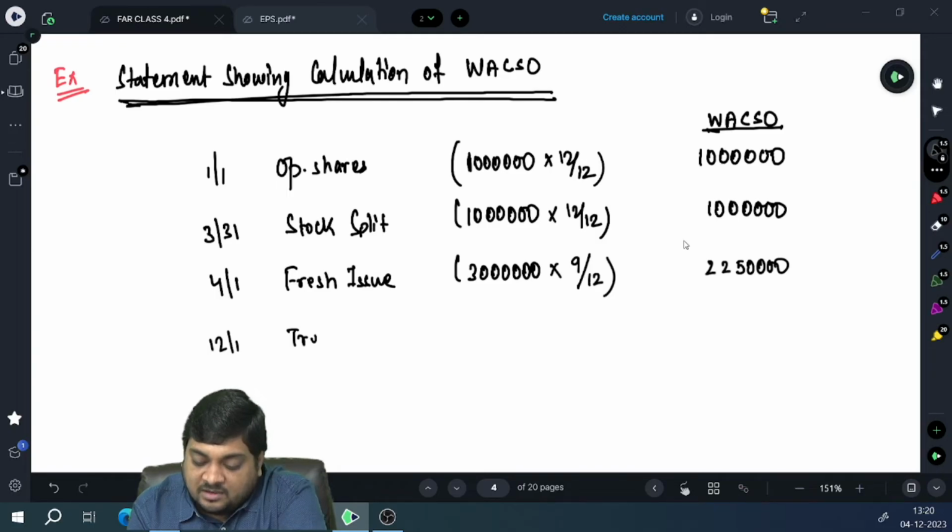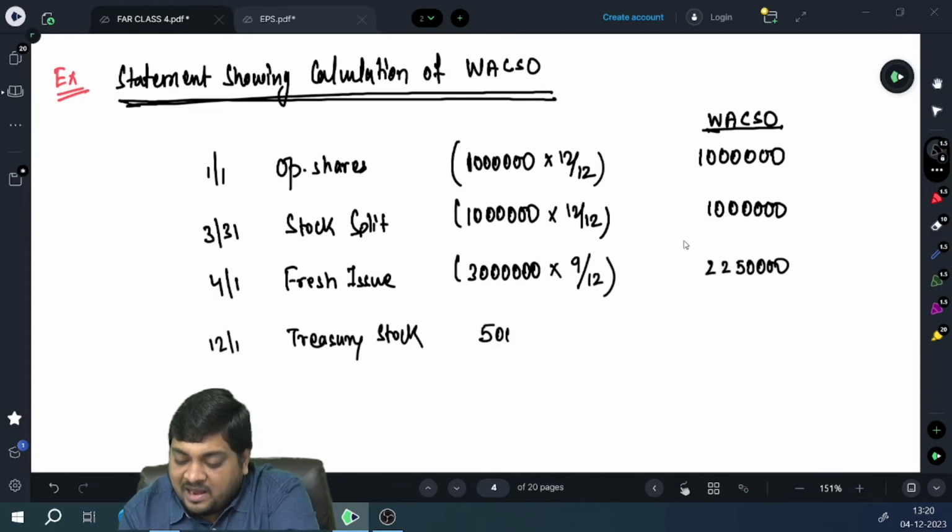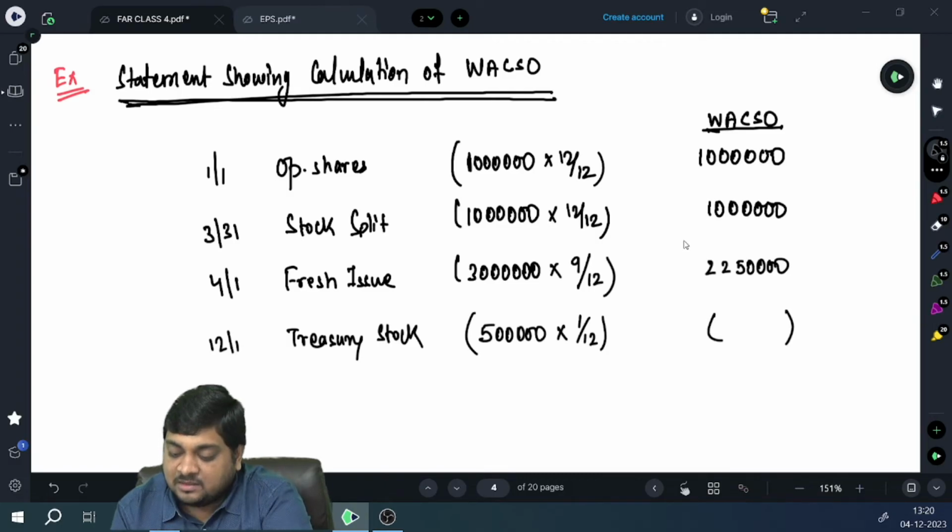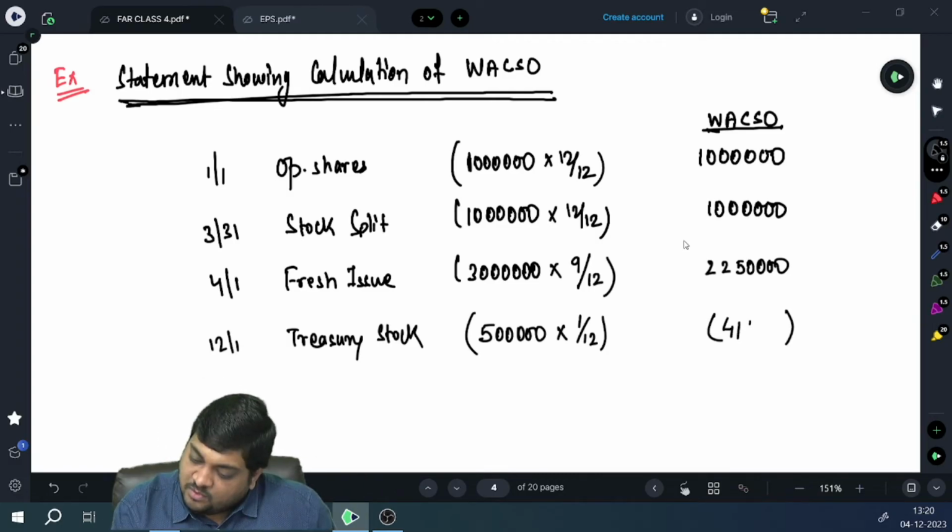Then we have treasury stock or buyback, 5 lakh. Now this is not outstanding for 1 month because till December it was outstanding. So we are going to subtract 1 month. This is 41,667.